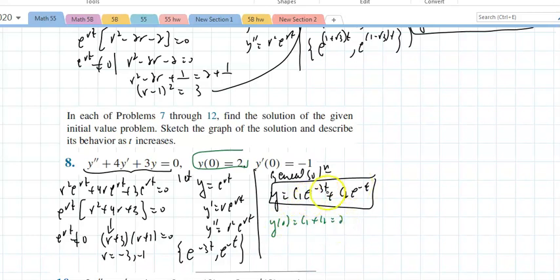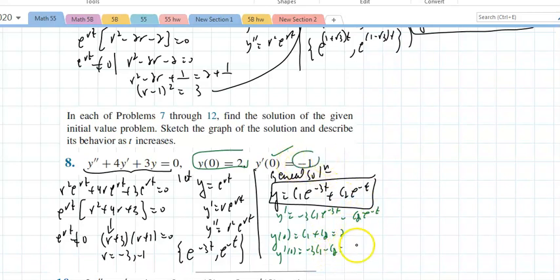And y prime, if I take a derivative of this, what would I get? Isn't that negative 3c1 e to the negative 3t minus c2 e to the negative t? Where did the 2 come from? Just minus, right? And if I plug 0 in, y prime of 0, that is negative 3c1 minus c2, and that equals a negative 1.